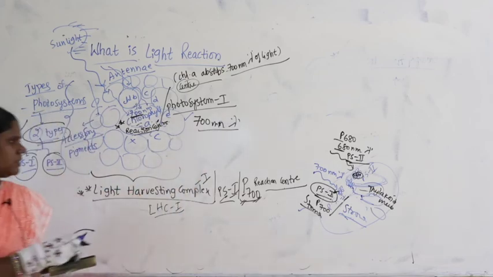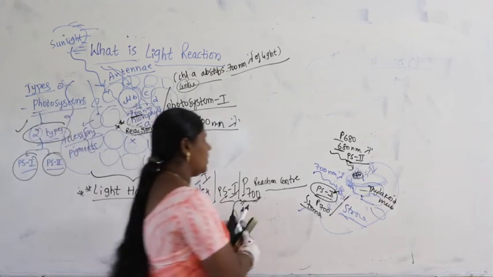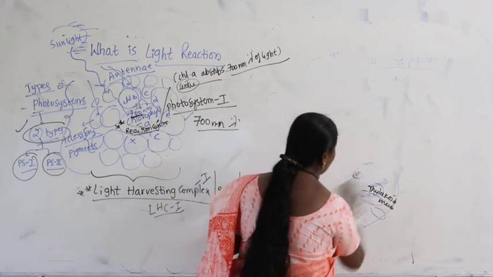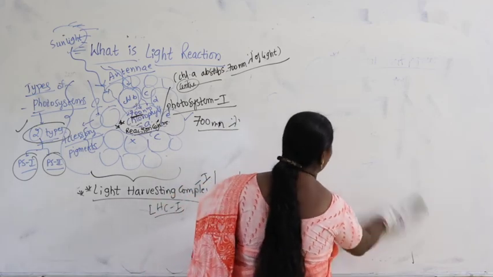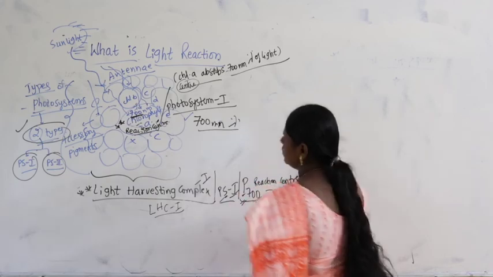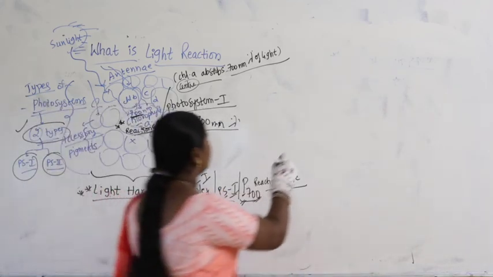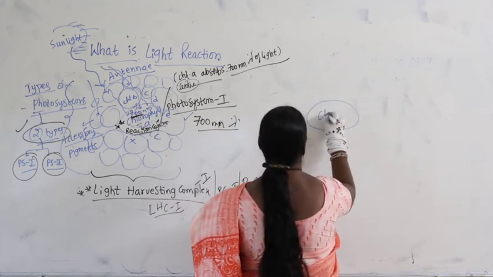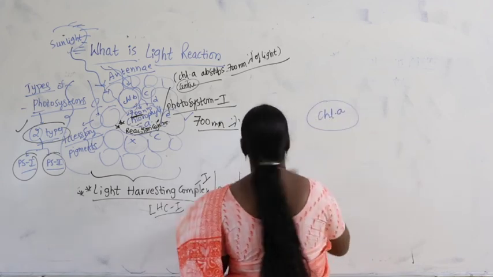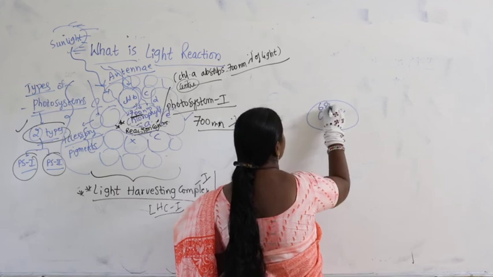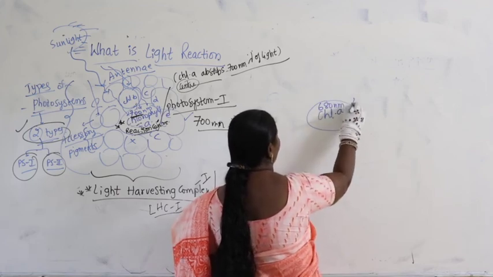Now let us draw even PS2, that is photosystem 2. Now in the same chloroplast, here and there is a distribution of photosystems. Same I am drawing here. In the center you find chlorophyll A, and here it absorbs 680 nanometers wavelength of light.